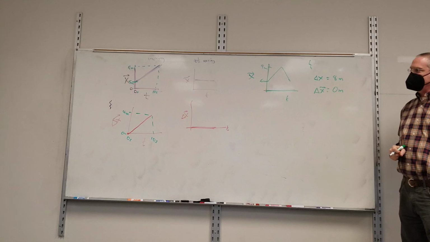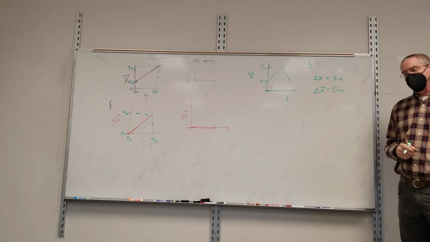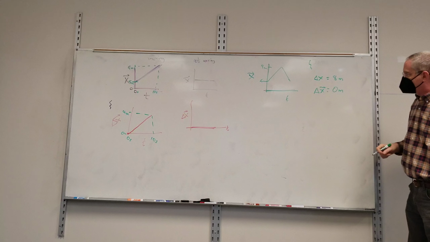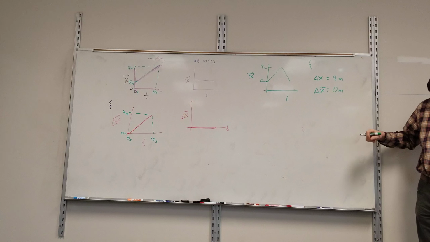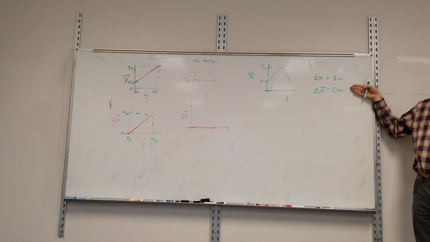Now, there have been several times I've asked at various points when the magnitude of the displacement is equal to the distance traveled. When I'm asking for the magnitude of the displacement, what's the magnitude of the displacement here? 8 meters?